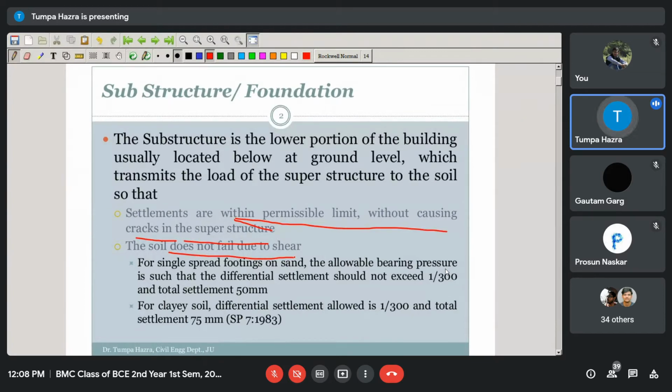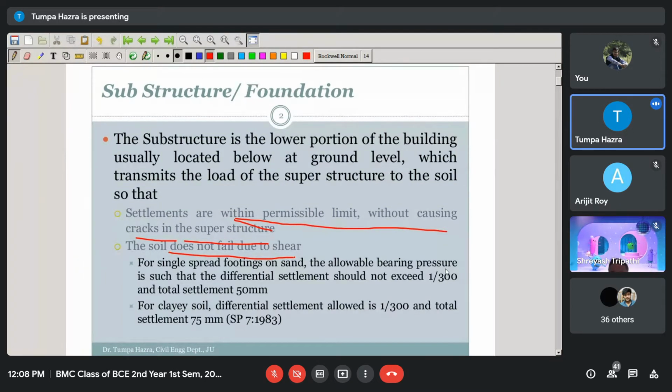But if it is more than the bearing capacity of the soil, then obviously there may be settlement due to the load. Now, whenever you design any building considering the soil condition, all the soils have some permissible limit of the settlement. Okay, permissible limit of the settlement.